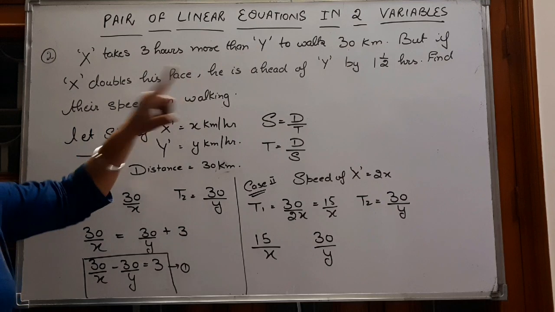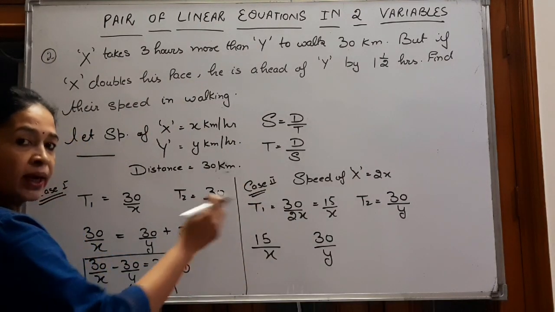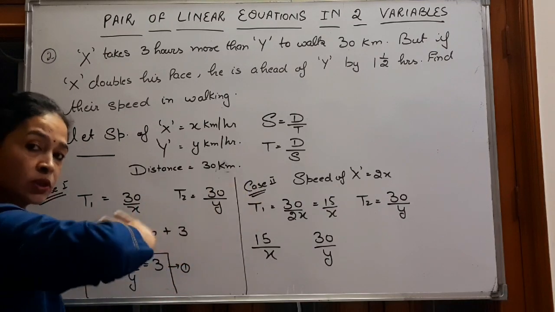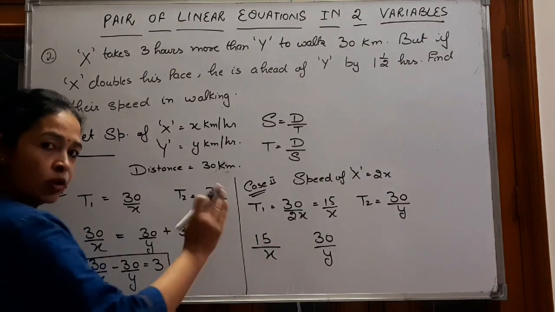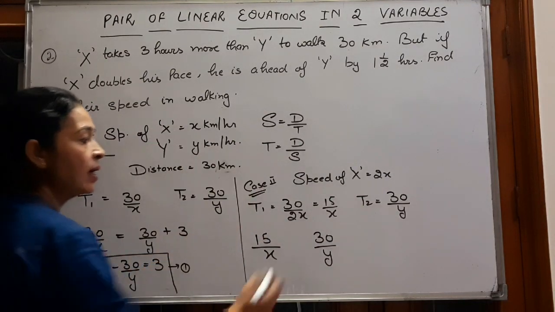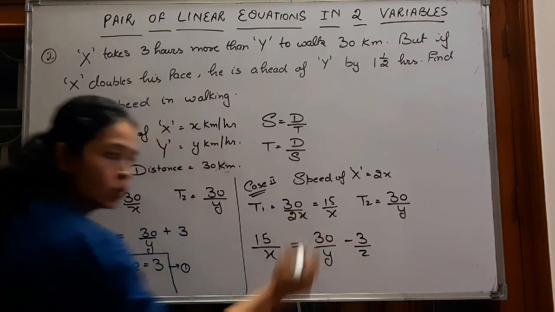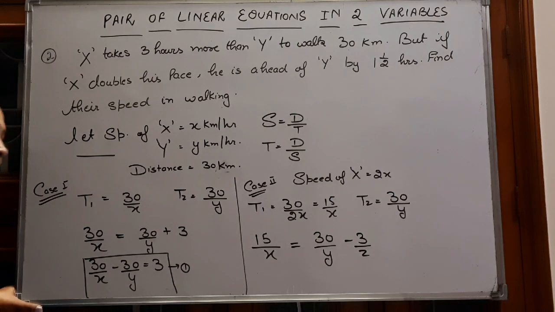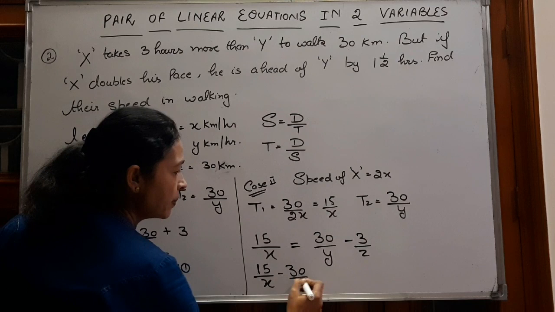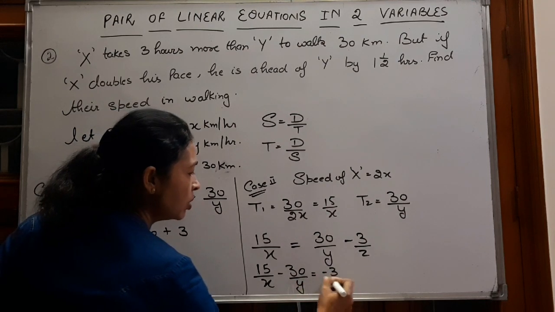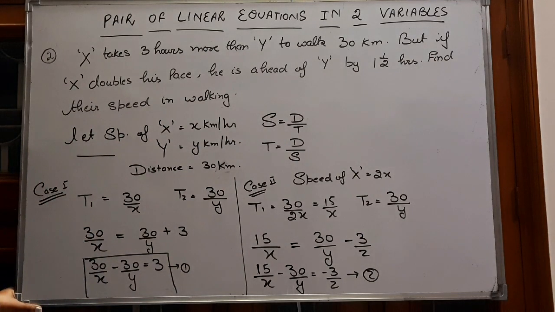Now X is 3/2 hours ahead. That means X finished earlier than Y, so Y's timing was 3/2 hours more than X's. If we subtract 3/2 hours from Y's timing, then both timings are the same. What we will do, 15 by X minus 30 by Y equals to minus 3/2. It is equation 2. Clear?